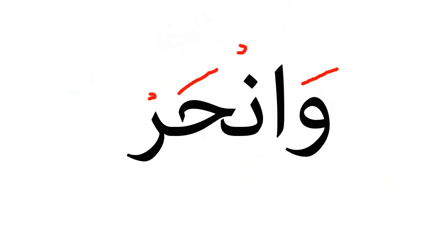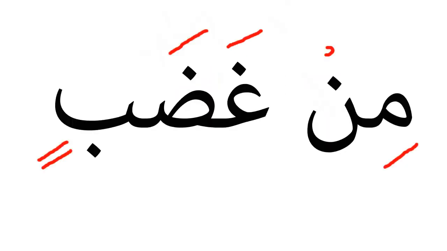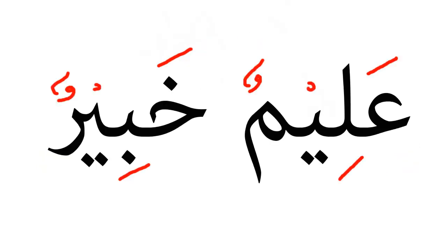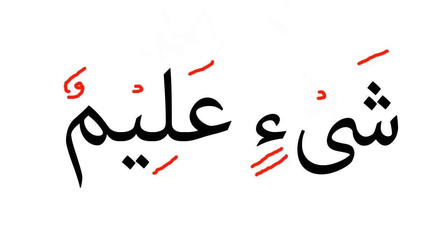Next one, anhar, noon, sakin, the ha from the throat after that. Nothing happens. Min ghadabin, noon, sakin, ghain from the throat, read clearly. Alimun khabirun. You have a tanween in this one now. On top of the meem, what is there? It's a tanween. After that, a letter of the throat, therefore read it clearly. Shay'in alimun.